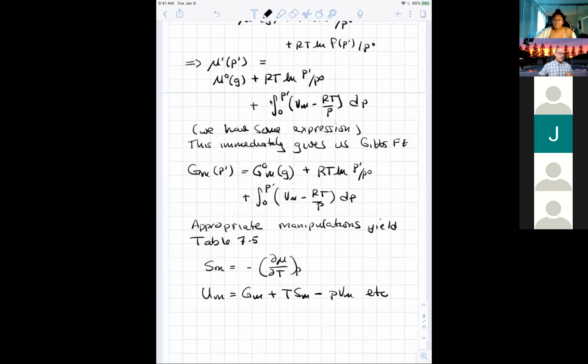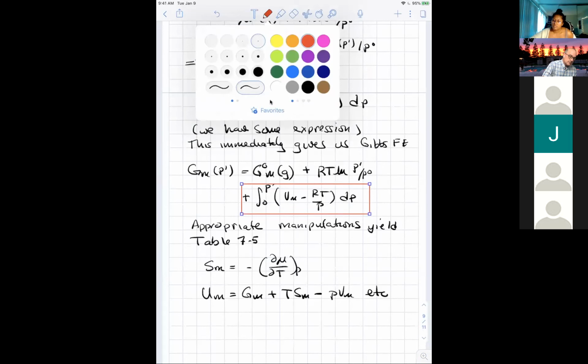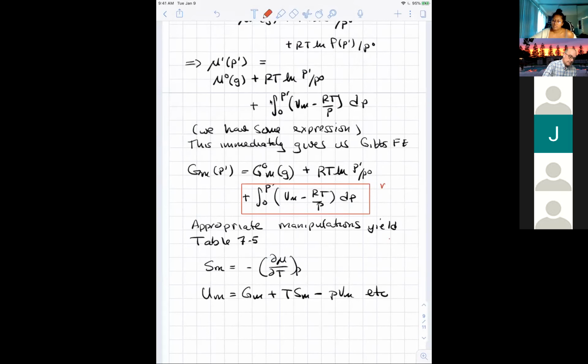But in order to get this non-ideal part, right, this part here is really the non-ideal part, we needed to go through chemical potential.